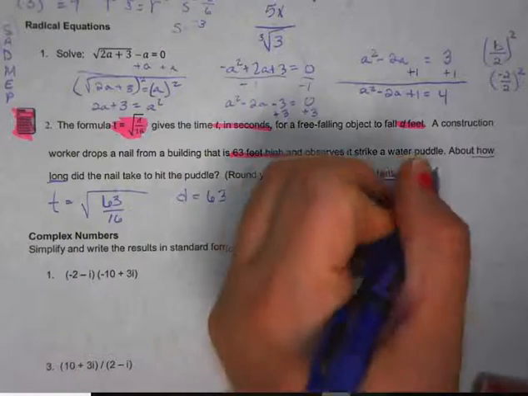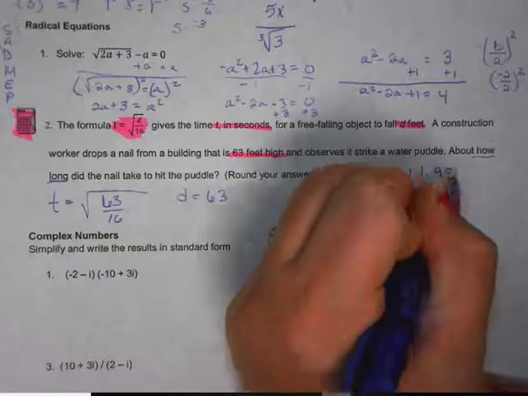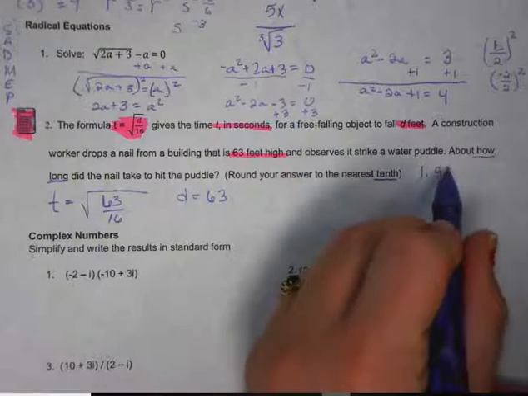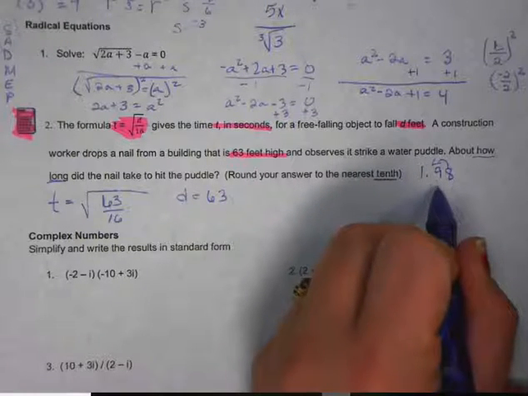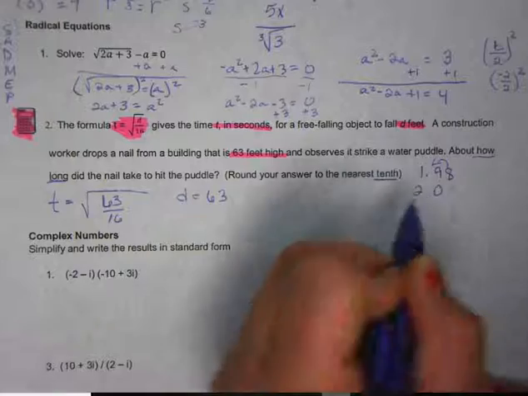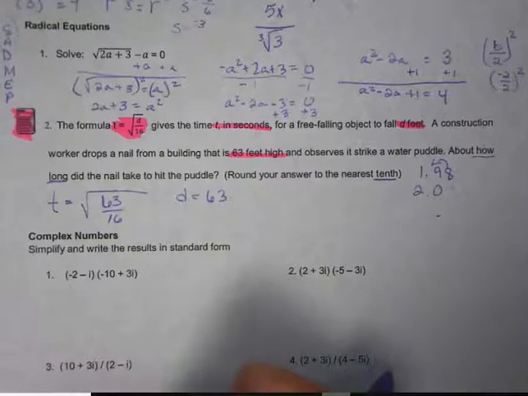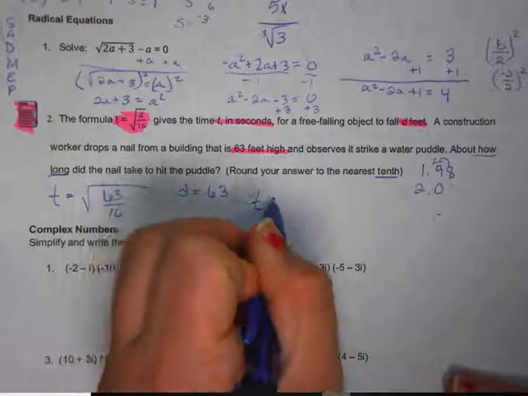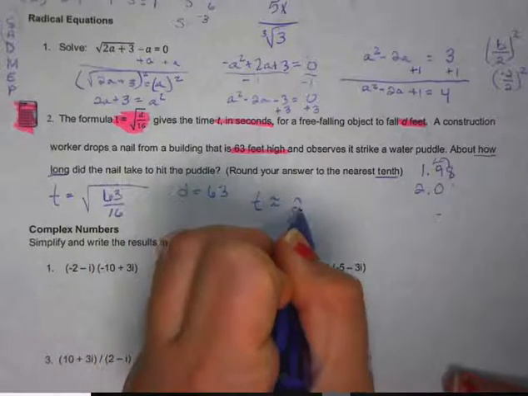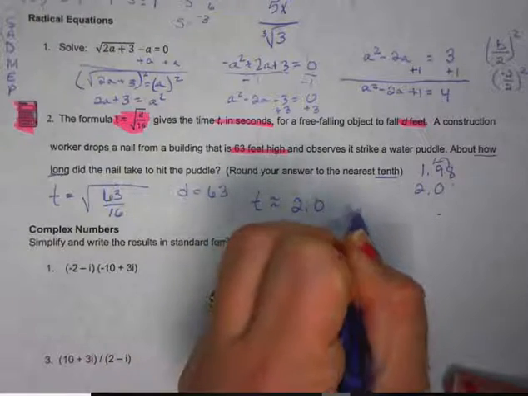If we have 1.98 and round it to the tenth, it rounds up to 2.0. The appropriate way to round this to the nearest tenth is 2.0. So t is approximately equal to 2.0 seconds.